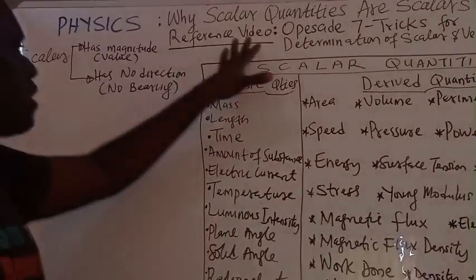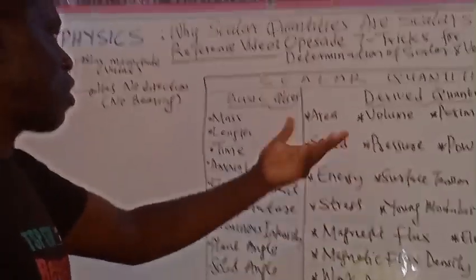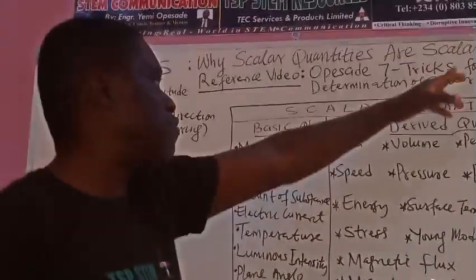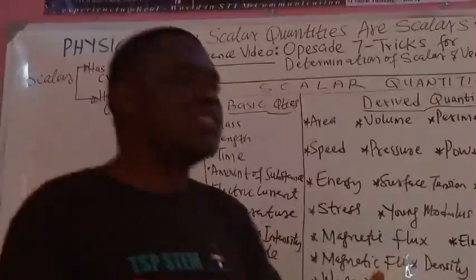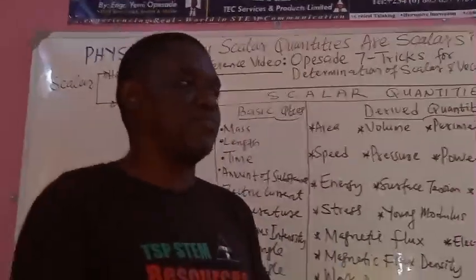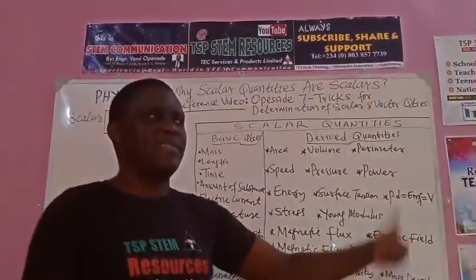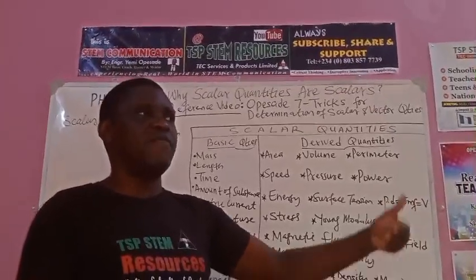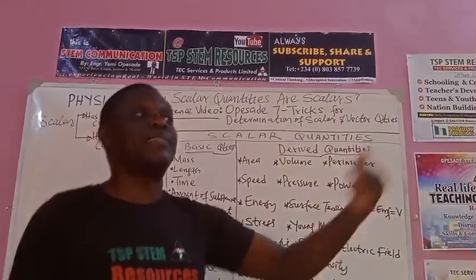Now, I came up with a video earlier on where I make an online publication called Operationally 7 Truths for Determination of Scalar and Vector Quantities. You see, there is nothing new on earth, but there's what we call disruptive innovation: digging out concept, idea, detailed explanation, conviction and not confusion out of what is existing.